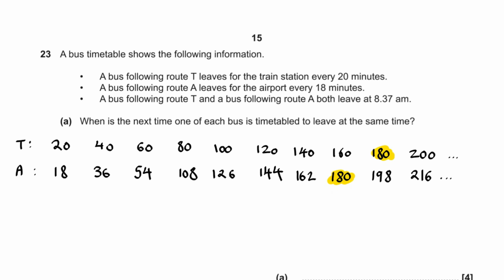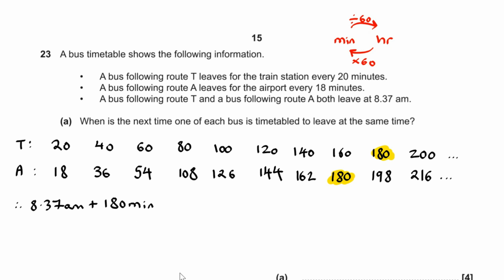So therefore, we have 8:37 a.m. plus the 180 minutes. Well, to go from minutes to hours, we can divide by 60, and hours to minutes, we times by 60.